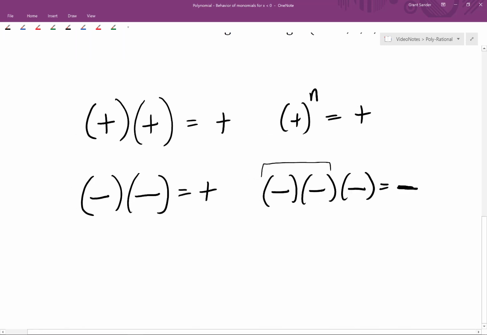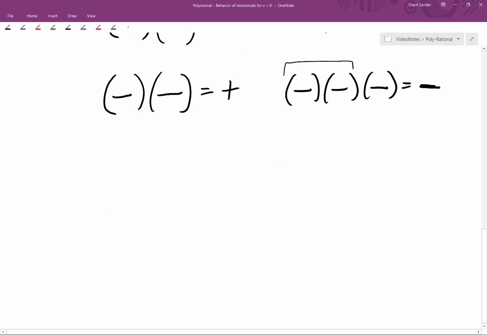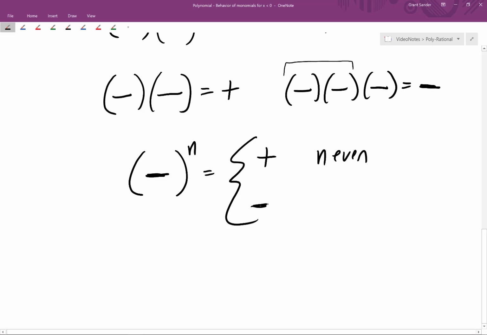So anytime we multiply together an odd number of negative numbers, we're going to get a negative number out of that. So we can generalize that and say that if we have a negative number raised to a power of n, then that's going to be equal to a positive number if n is even, and a negative number if n is odd.